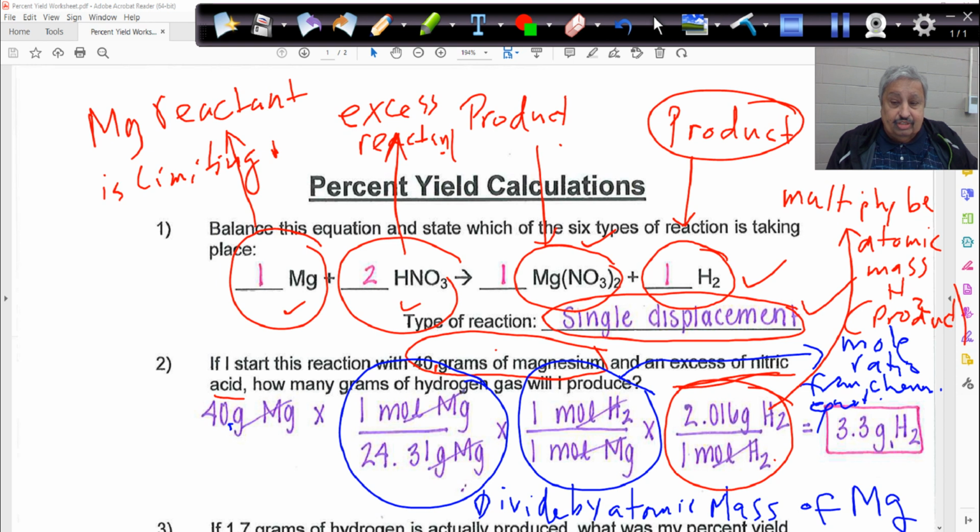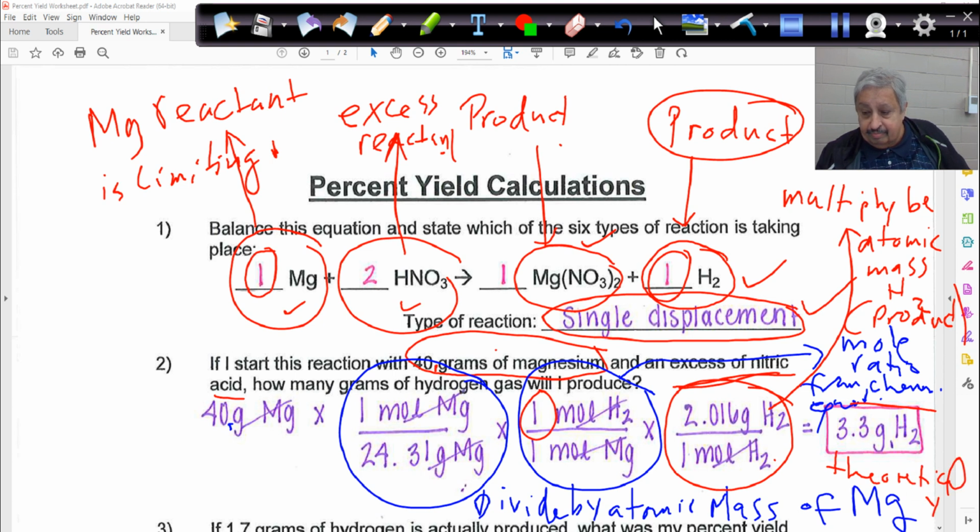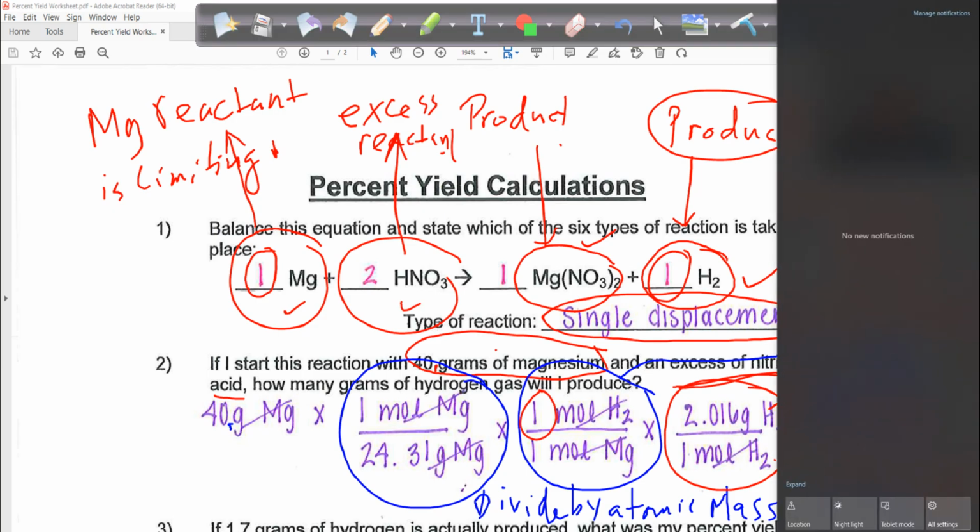What is the mole ratio of the product you are looking for to the limiting reactant? 1 to 1 with magnesium. And then the fourth step is multiplying by the atomic mass or molar mass of the product you want to obtain. So, correct? And it came out to be this. This is called theoretical what? Theoretical yield, based on the limiting reactant, which is magnesium.